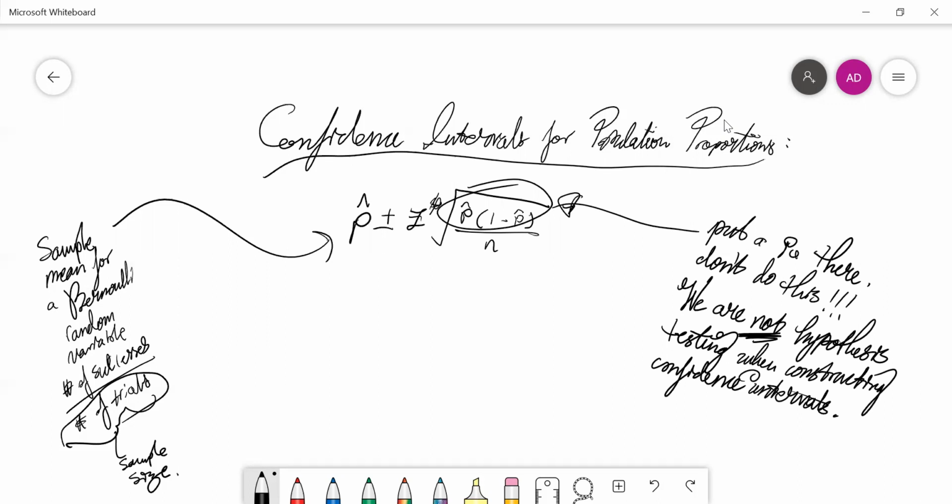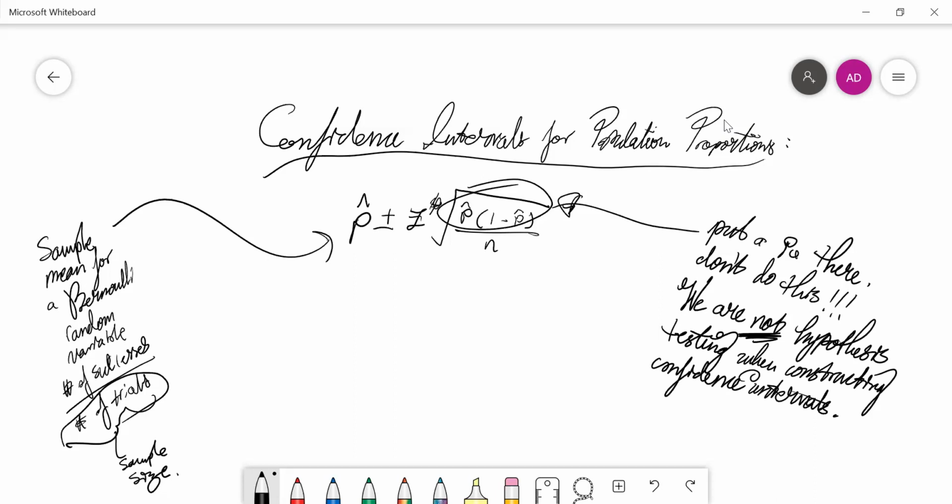That's what a lot of people are tempted to do. They're tempted to put a p naught here, but you're not. This is just going to be your sample mean.